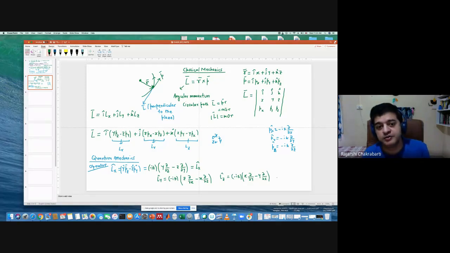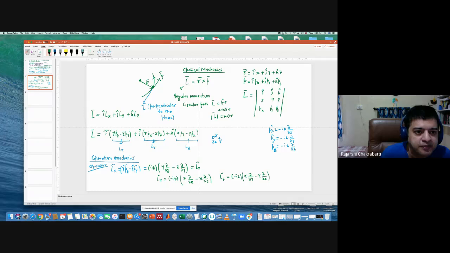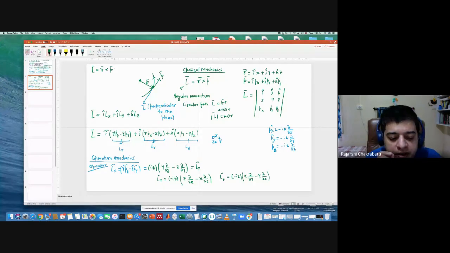What do you mean by conservation of angular momentum? My L is r cross p. Conservation of angular momentum is also called that angular momentum is a constant of motion.